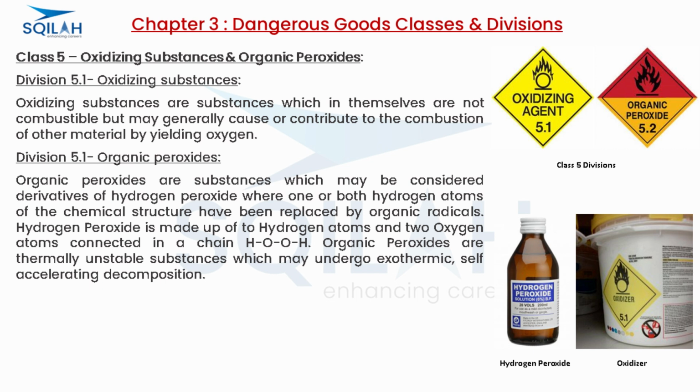Organic peroxides are substances which may be considered derivatives of hydrogen peroxide where one or both hydrogen atoms of the chemical structure have been replaced by organic radicals. Hydrogen peroxide is made up of two hydrogen atoms and two oxygen atoms connected in a chain, HOOH. Organic peroxides are thermally unstable substances which may undergo exothermic, self-accelerating decomposition.